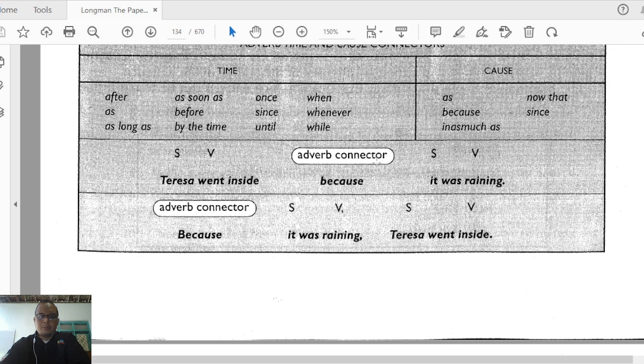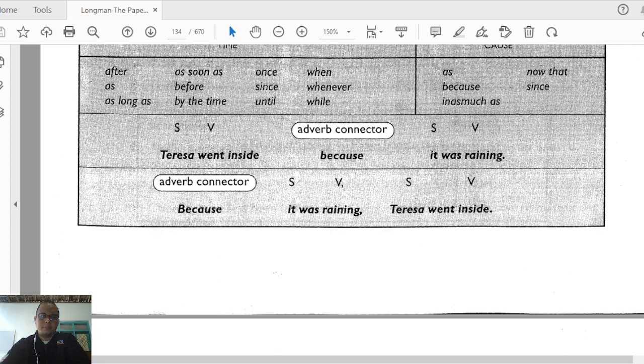Adverb connectors, we have subject verb, subject verb. Teresa, subject, went inside, verb, went. Adverb connector because it, subject, was raining, verb. Kalau kita dibalik, ya, adverbnya atau connectornya lebih dulu: Because it was raining, comma, Teresa went inside.